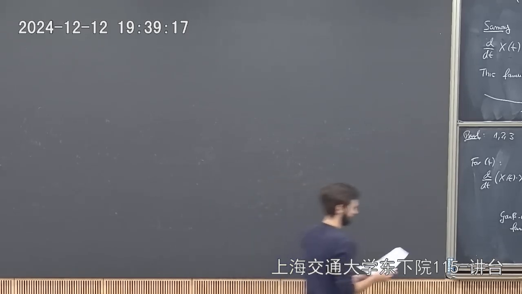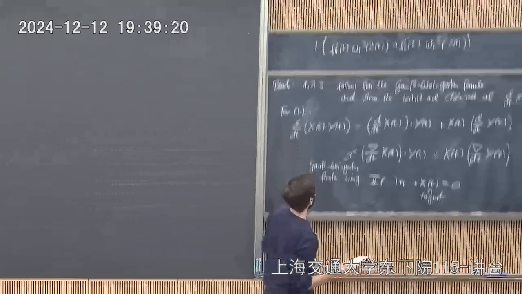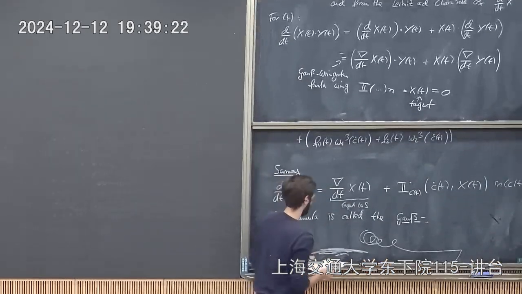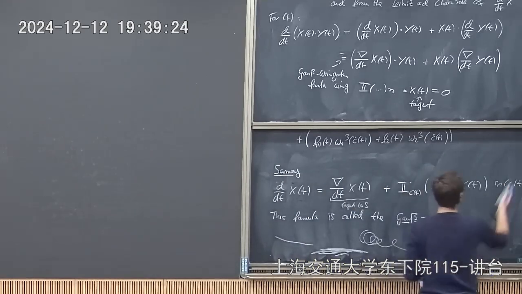And essentially the same kind of trick also works for proving a second property.